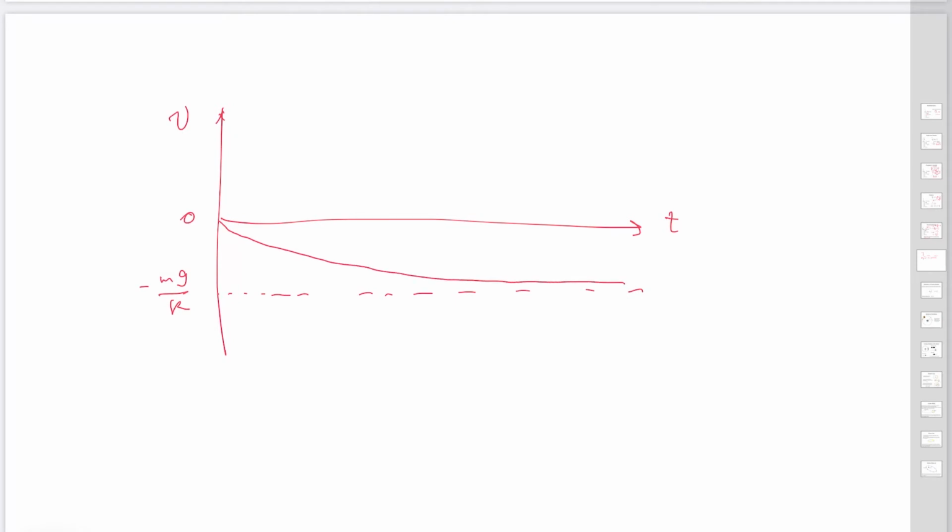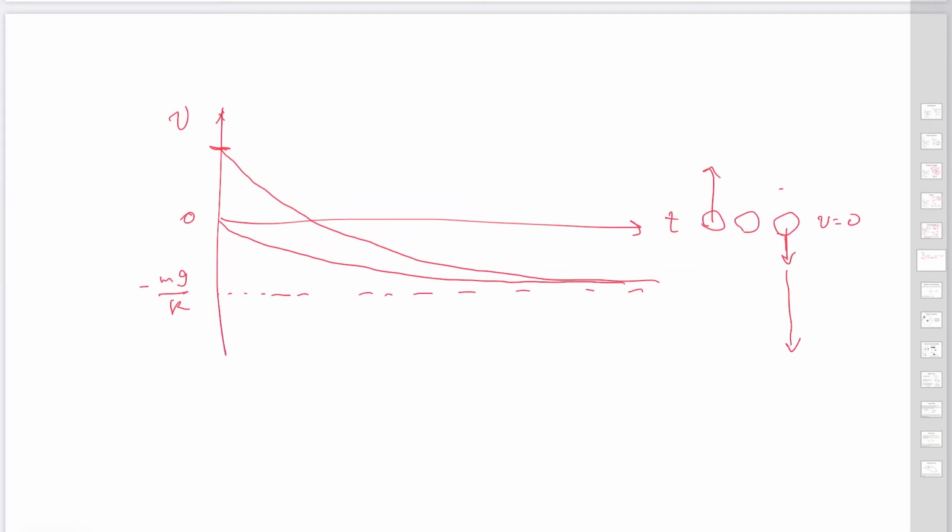In this case, you just drop a ball with a velocity of 0, it goes down, and then it reaches the terminal velocity. Sometimes you throw a ball upward. In this case, the starting velocity is some positive value, but even in this case, it approaches the terminal velocity.